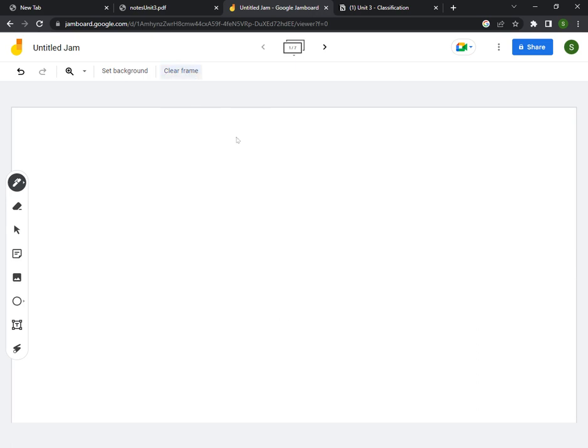Now let us consider this in a 2D graph, a two-dimensional representation. The y-axis says the score of aptitude, and the x-axis says the score of communication.